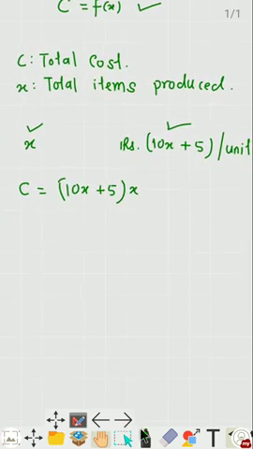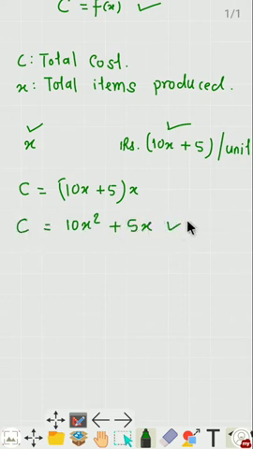We calculate it like this: multiply inside, it is 10 into x square plus 5 into x, so C is equal to 10x square plus 5x. So this gives the total cost to produce x number of units.